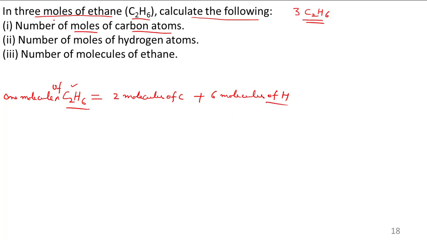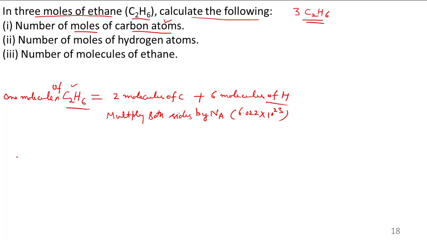Now see, first thing is, we have to calculate the number of moles of carbon atoms. How many moles of carbons are there in 3 moles of ethane? Now multiplying both sides by Na, which is Avogadro number, 6.022 into 10 to the power 23.